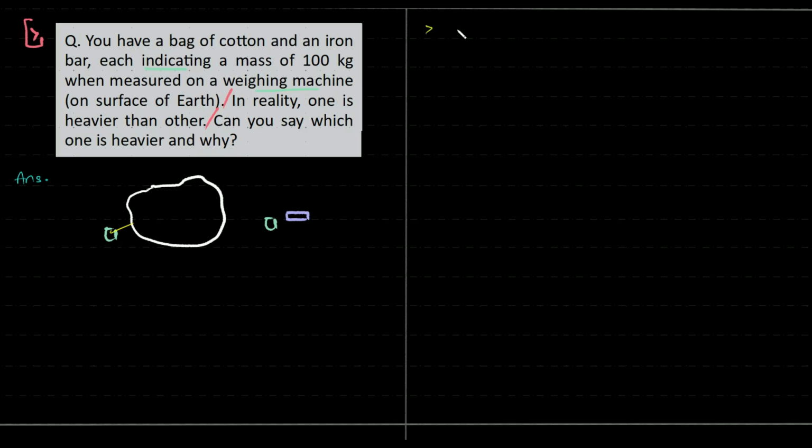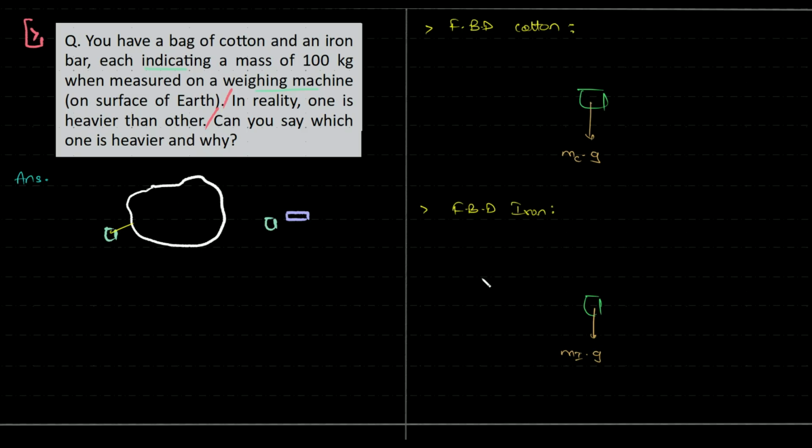Because of variation in buoyant force. Let me explain with a free body diagram of cotton, and we have a free body diagram of iron. First things first, let us draw a box. Cotton and iron. So both of them are experiencing a pull down. So actual mass of the cotton into g, actual mass of the iron into g.